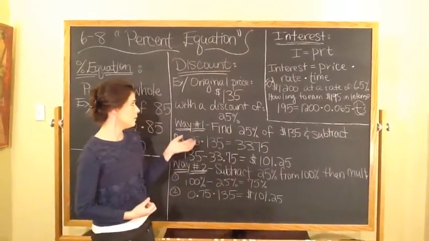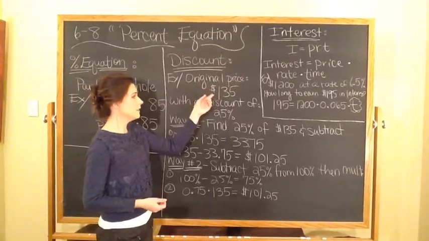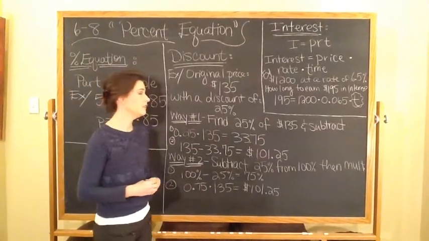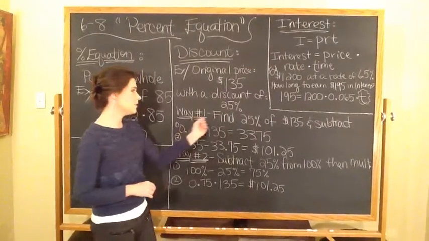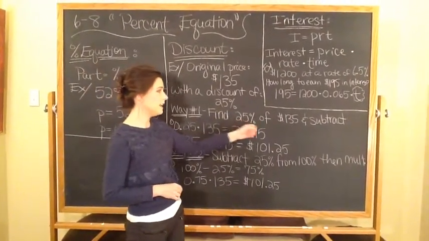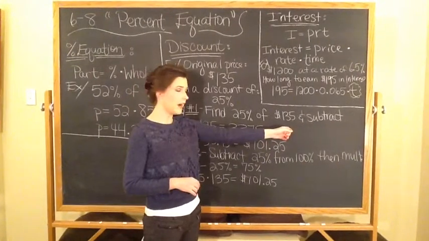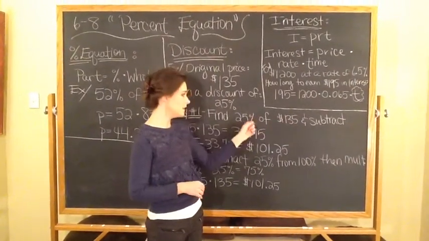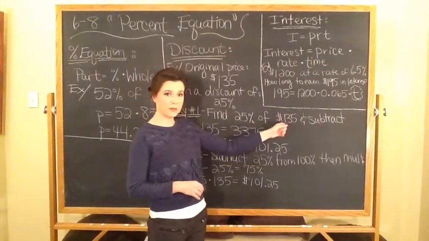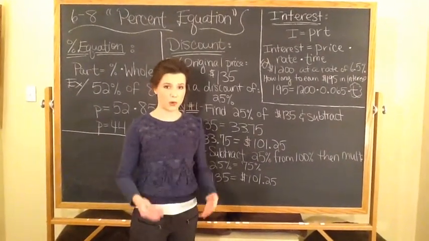For example, if the original price is $135 and it has a discount of 25%, then you're going to find 25% of 135, and then subtract it from 135. So you're finding the discount, and then subtracting it from the original price to find the discounted price.